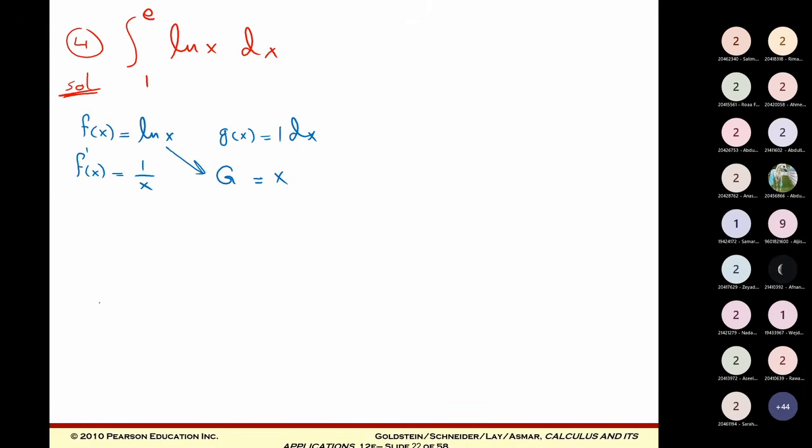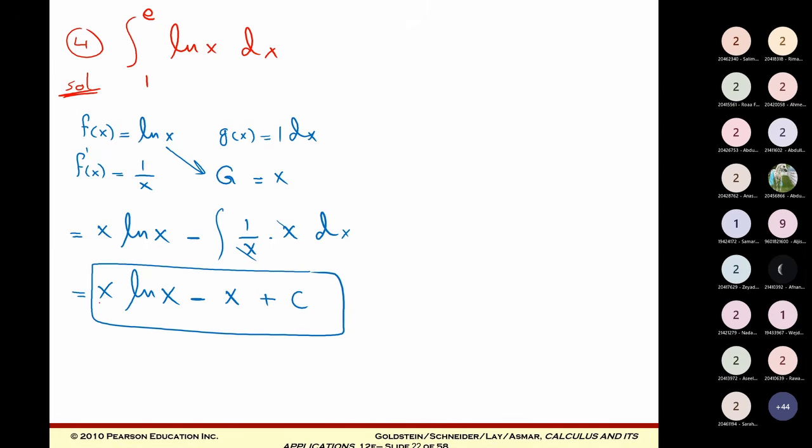So multiply this one with this one, we have x ln x minus the integral of 1 over x multiplied by x, so we have 1. Remove x with x, we have 1. The integral of 1 equals what? Equal x. The integral of any constant multiplied by x, the integral of 1 is x plus c.